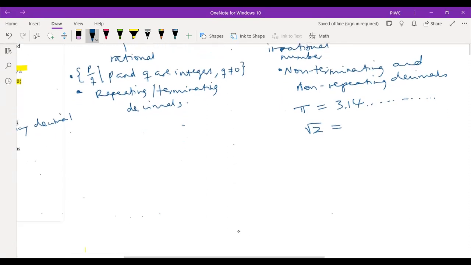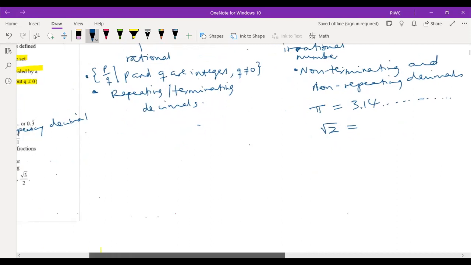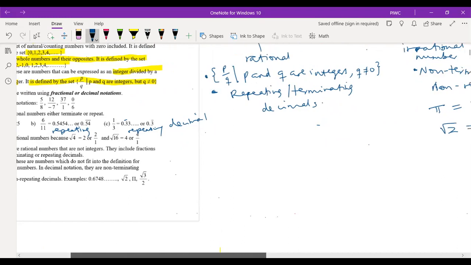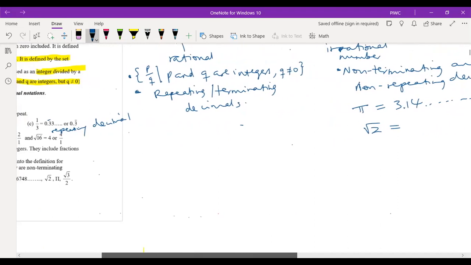So that is an example of an irrational number. Okay. If you see something like 0.6748 with dots at the end like this, there's no repetition, you don't see any pattern of repetition, and it doesn't terminate.